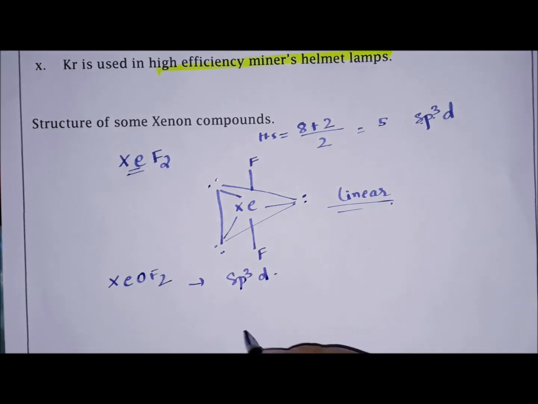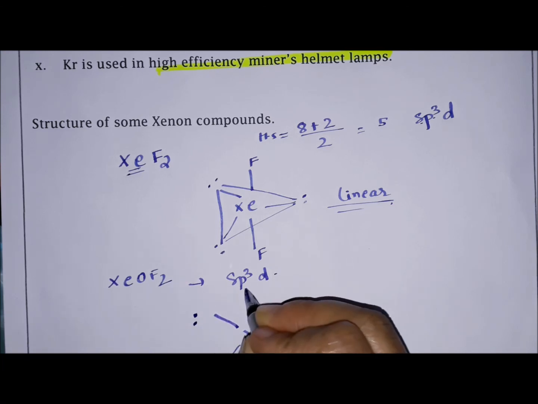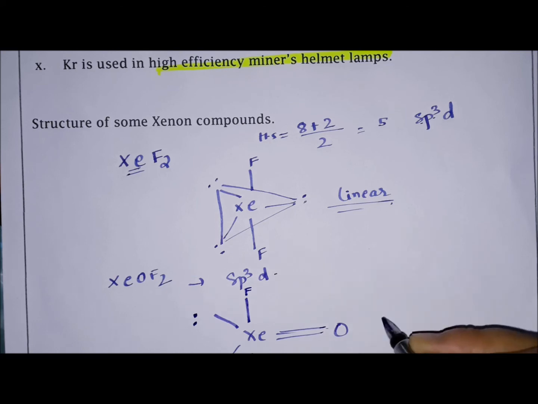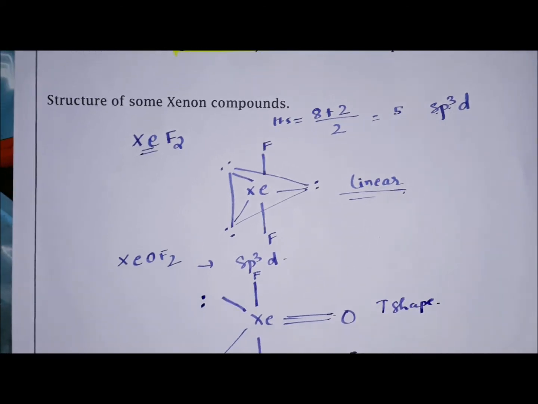Next XeOF2. Again, if you find out the hybridization state, it will have the same sp3d. So what would be the structure? Oxygen and two places for your lone pairs, and at the axial position there will be fluorine. So this is called the T-shape structure. Now your XeO3.